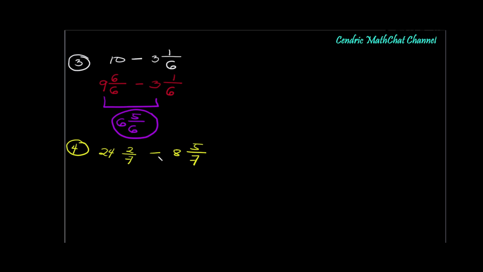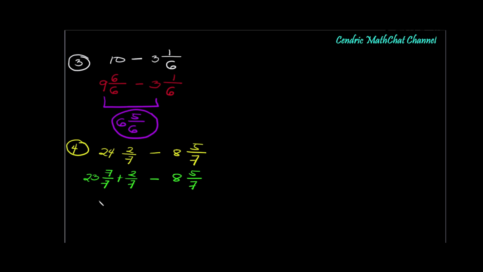So what we can do is similar to problem number 3. Let's rename and regroup our 24. So in terms of 7s, to do this, I can rewrite 24 as 23 and 7/7 plus 2/7 minus 8 and 5/7.